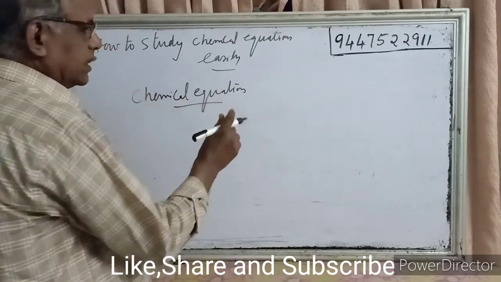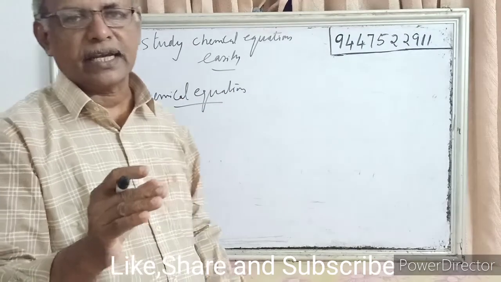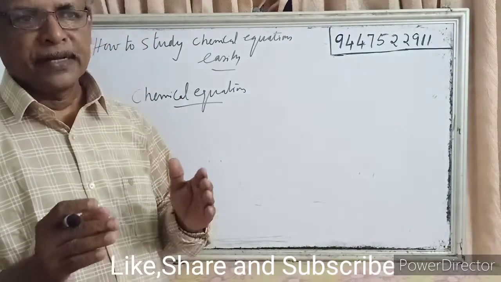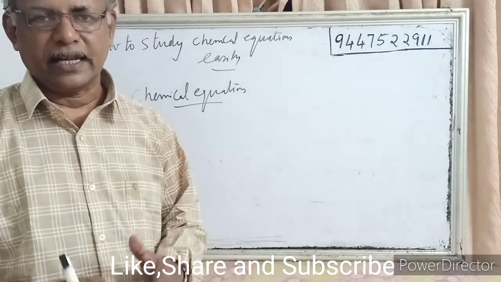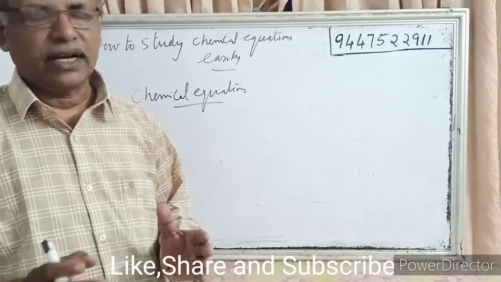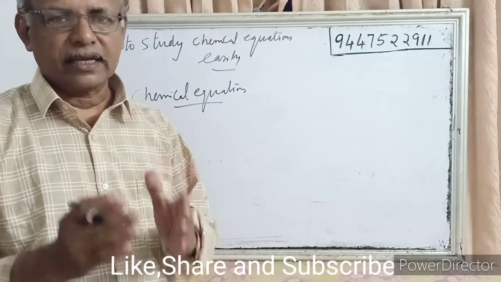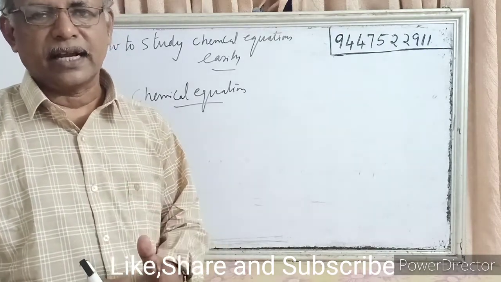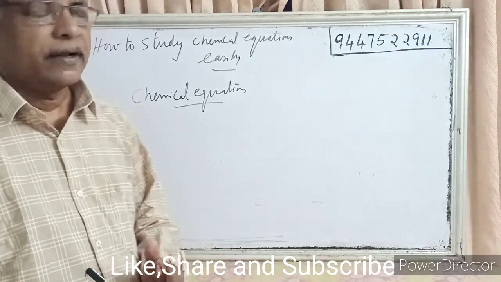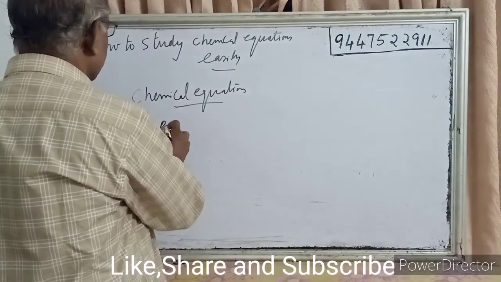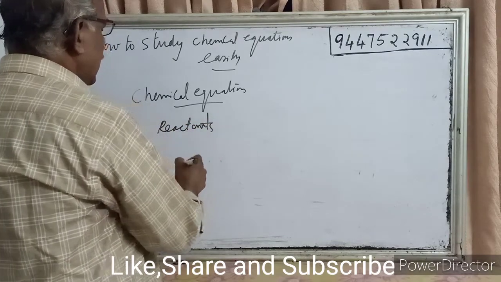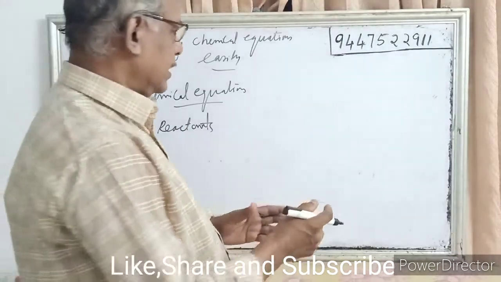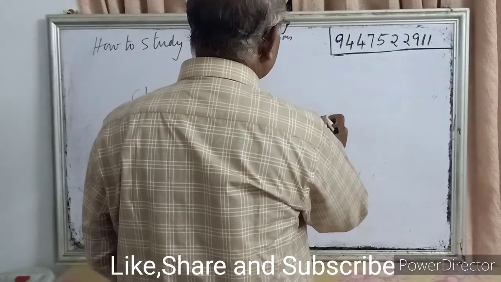A chemical equation is the shortest method of representing a chemical reaction. The chemicals which take part in the chemical reaction are called reactants, and after the reaction we get the products.